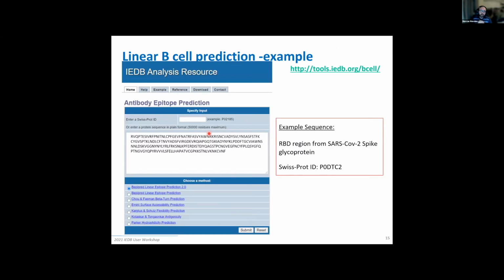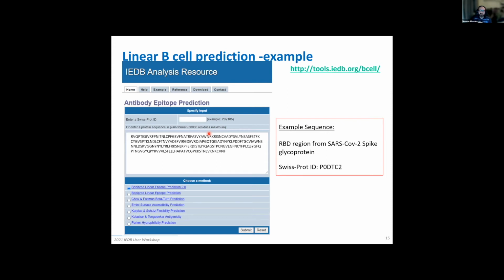Going back to the prediction tool, for this example I selected the RBD region of the SARS-CoV-2 spike protein. I'm not using the entire spike protein because it's quite big, and the output would be messy to understand. For a training set, just to show you the output, I think it's better to reduce the protein to a small portion.